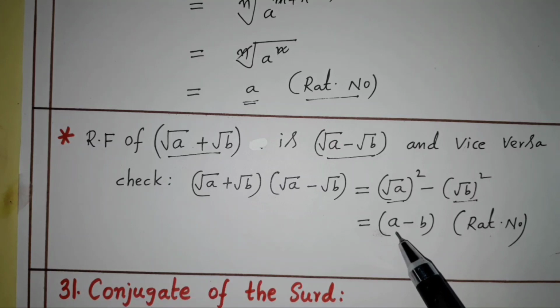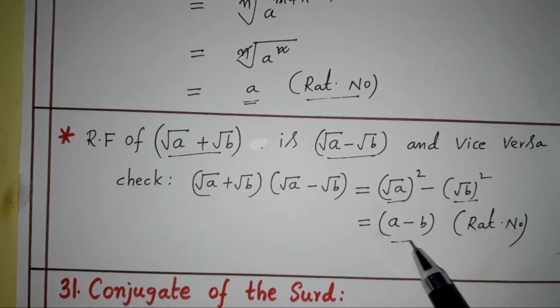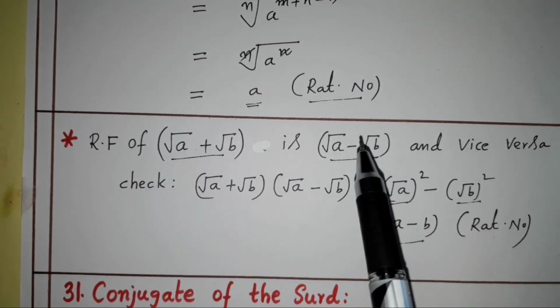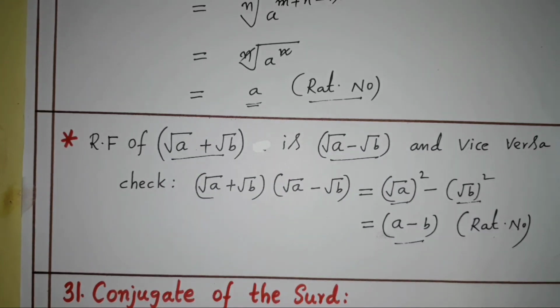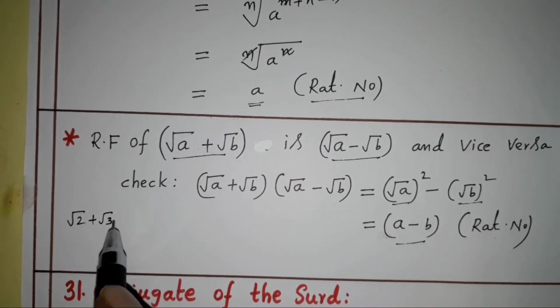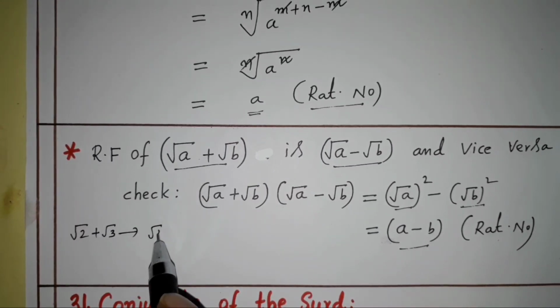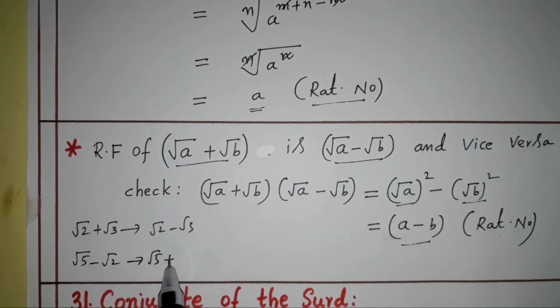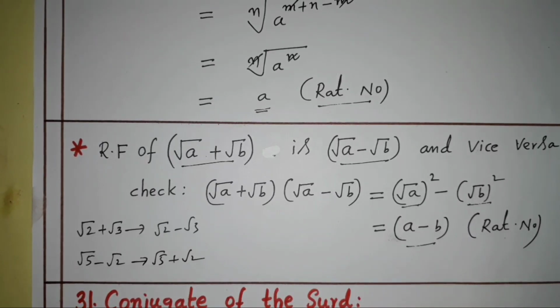Root a whole square is nothing but a, root b whole square is nothing but b, so a minus b. So in this type of surds, if you want to write the rationalizing factor, simply you change the sign. If it is given with plus, you write with minus. If it is given with minus, you write with plus. For example, the rationalizing factor of root 2 plus root 3 is root 2 minus root 3. The rationalizing factor of root 5 minus root 2 is root 5 plus root 2, and so on.